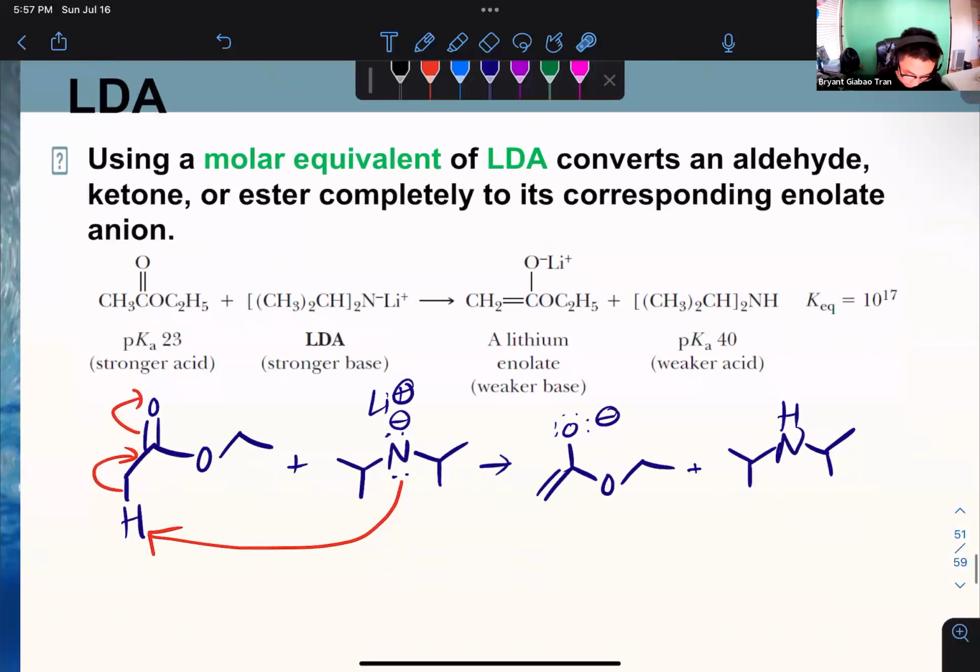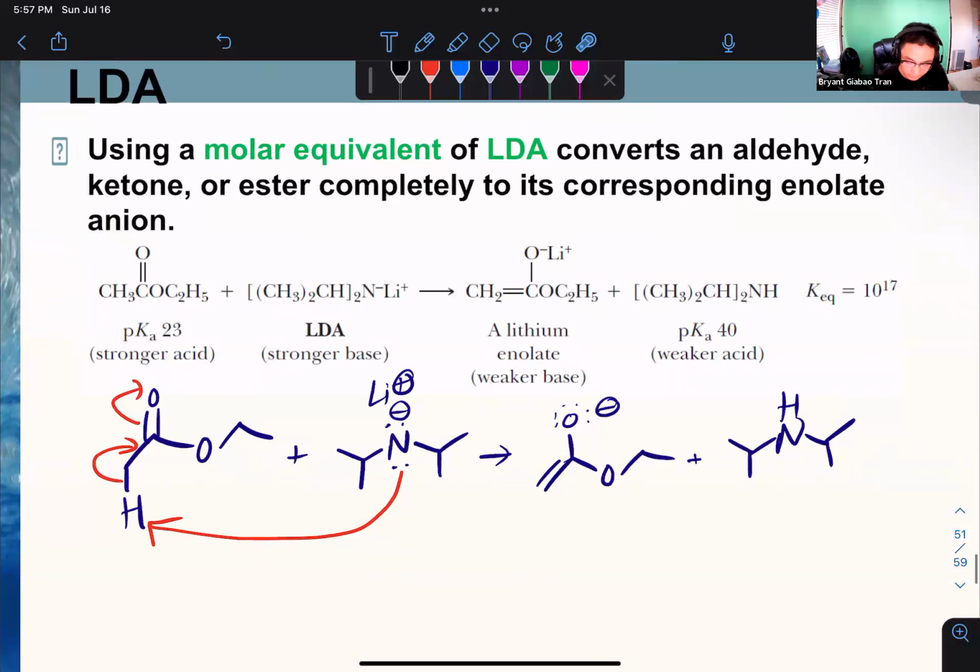And for elimination reactions, LDA will go for the Hofmann product instead of the Zaitsev. But in this case, we're going over enolate reactions, where the LDA can be a base to form the alpha enolate anion nucleophile.